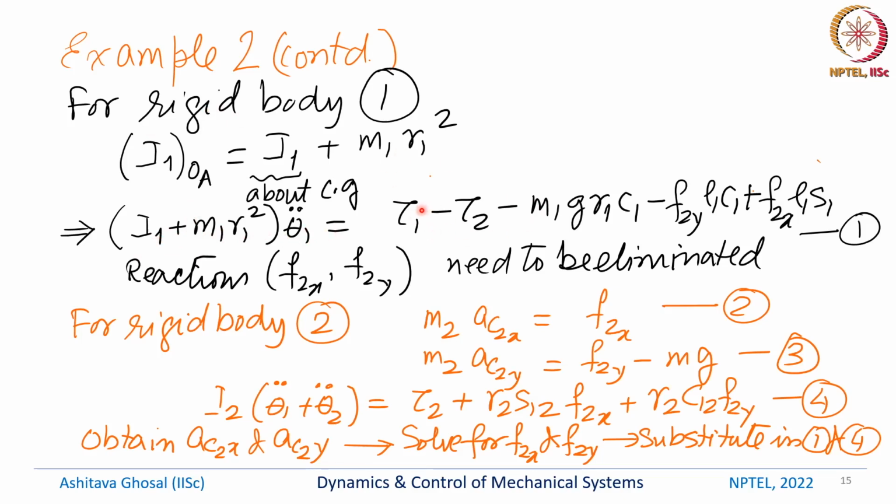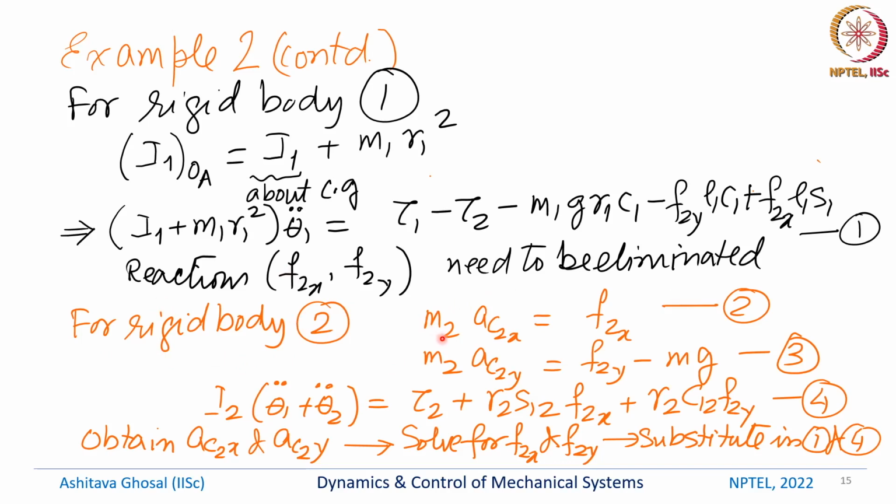The right hand side remains the same: tau 1 minus tau 2 minus M1G R1 C1 minus F2Y L1 C1 plus F2X L1 S1. Okay, so these reactions F2X and F2Y we don't know. So we need to somehow get rid of them. They need to be eliminated, and that can be done by considering rigid body 2.